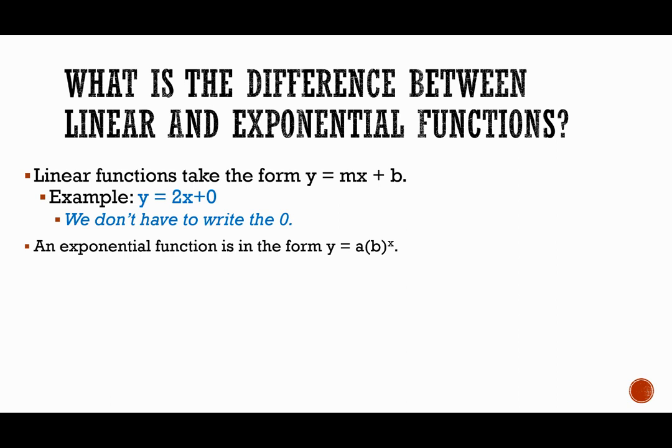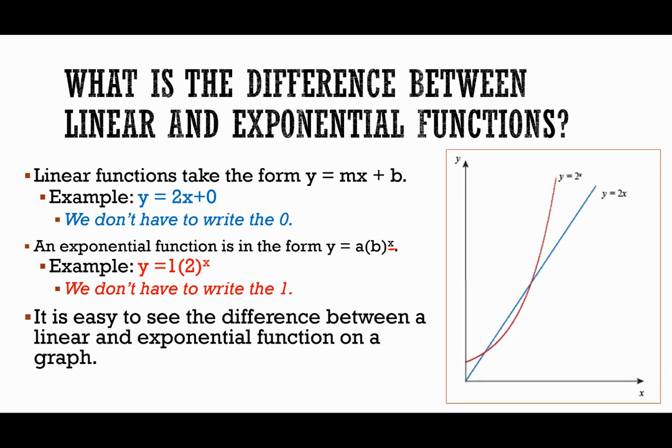And this is why it's called an exponential function. You have x as your exponent, okay? For example, you might have something like y equals 1 times 2 to the power of x. And we don't have to write the 1, but it's there.